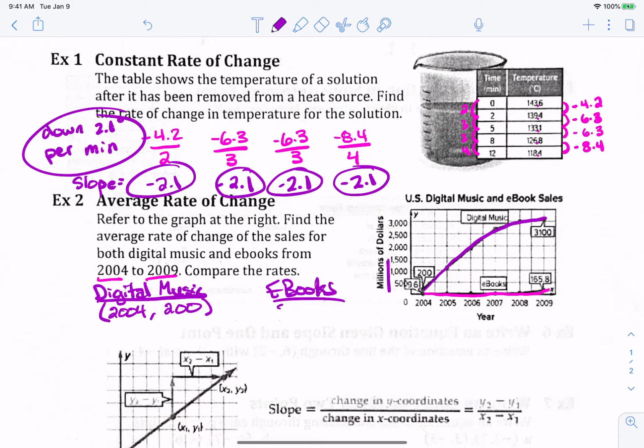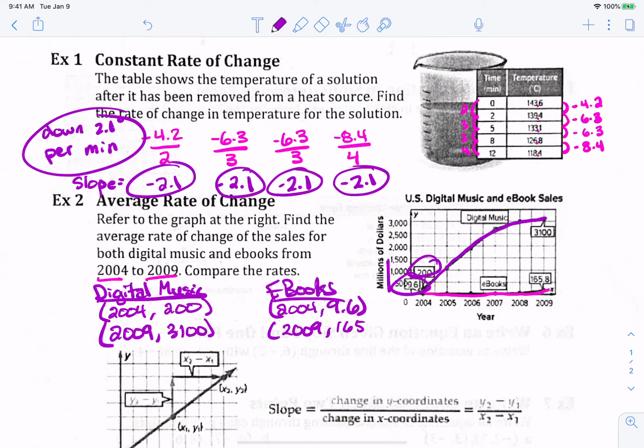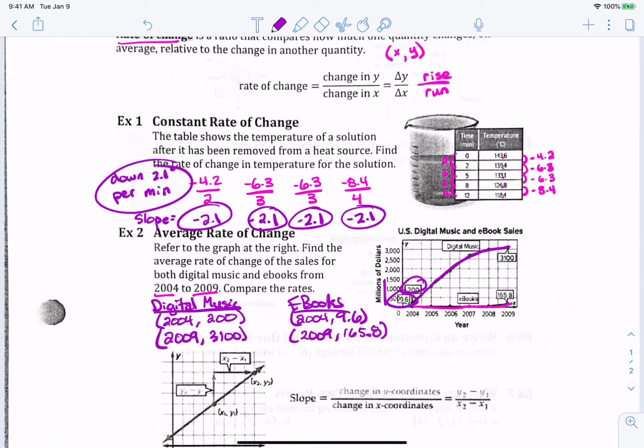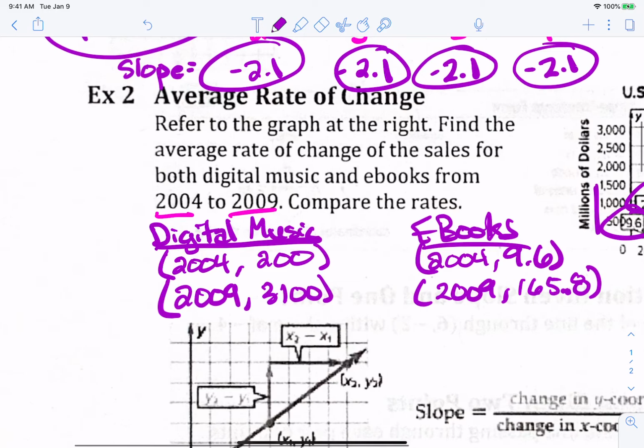And in 2004, what was it for ebooks? 9.6. So these two values here, 9.6. Okay, let's go up to 2009. 2009 is 3100, you betcha. And ebooks in 2009? 165.8.